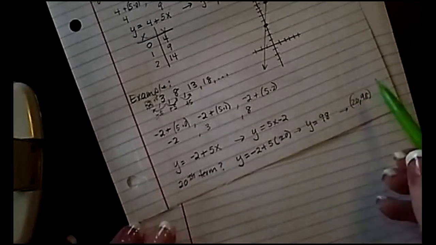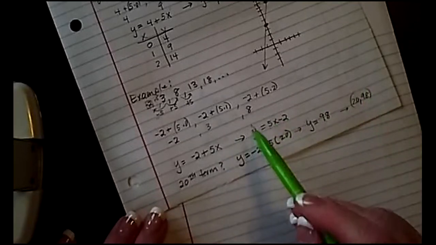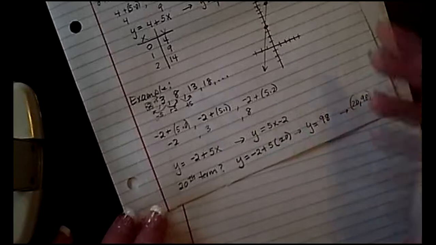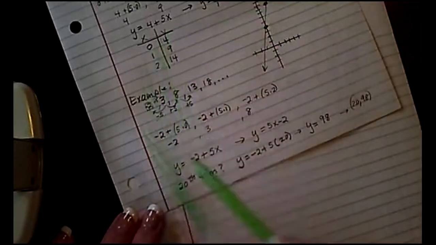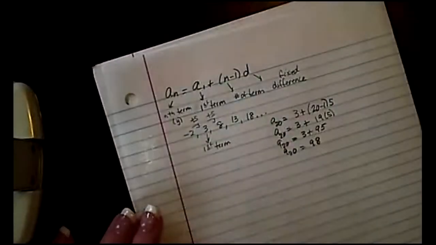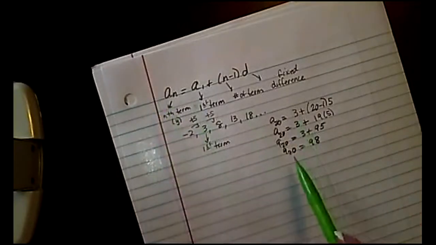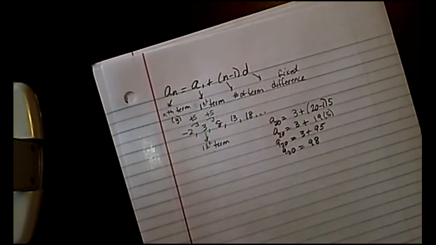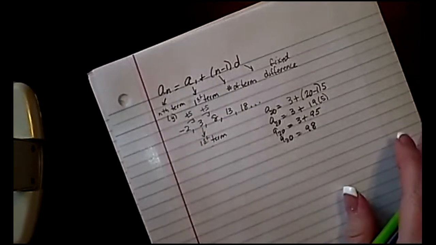So ordered pair (20, 98) is going to fall on this line that I graph. All right, just recognize that. So it's the same thing as the table. Put a 0 in for x, it was 4. I put a 20 in, it was 98. Okay, the same thing. All right, so this is just showing you using this formula. You can do it exactly the same way. Okay, I'm finding a term. All right, so that's our arithmetic sequences.